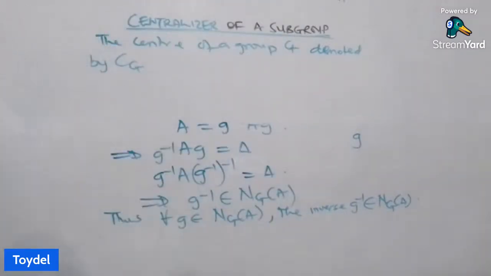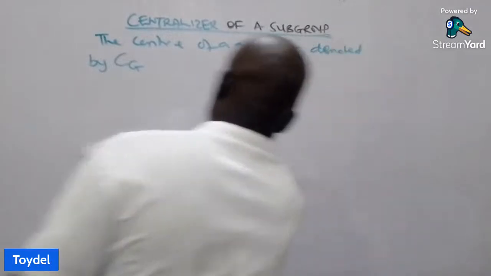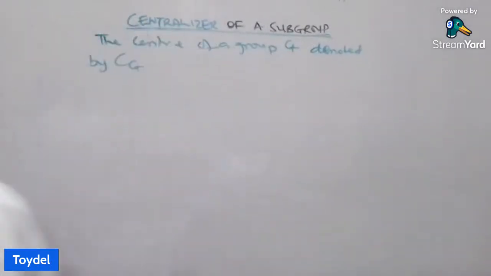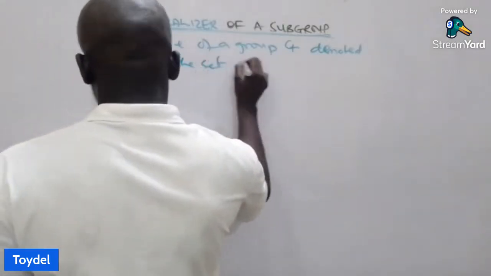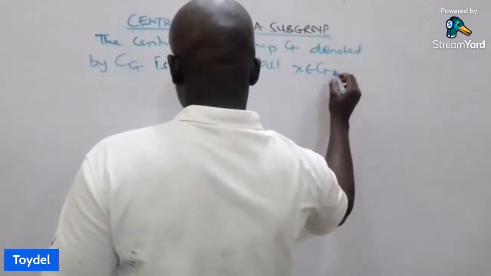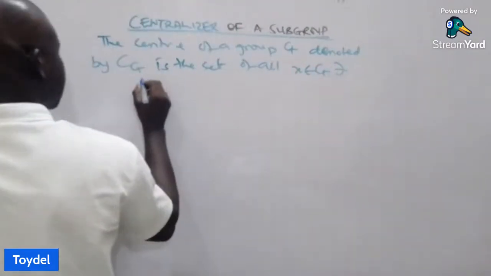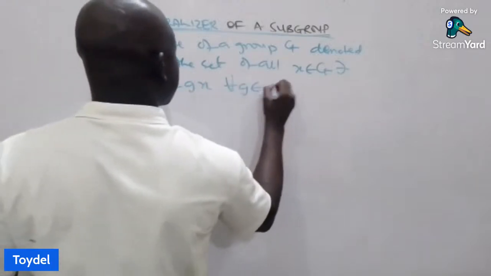In case of the normalizer, we call it N_G, N subscript G. In case of the centralizer, it is C subscript G. This is just a naming ceremony. We are trying to give the definition a name. So C_G is the set of all x that belongs to G, such that xg is equal to gx for all g that belongs to G.